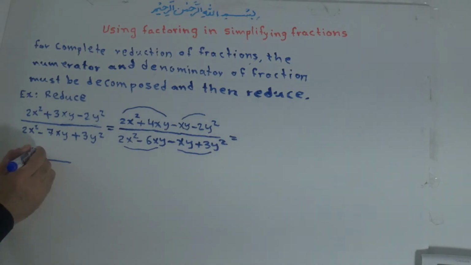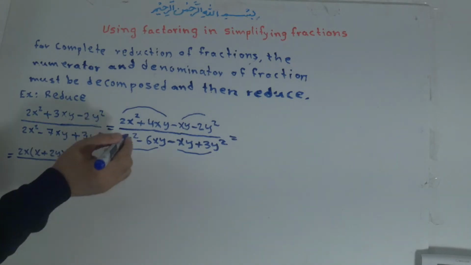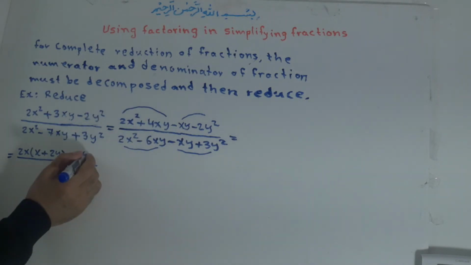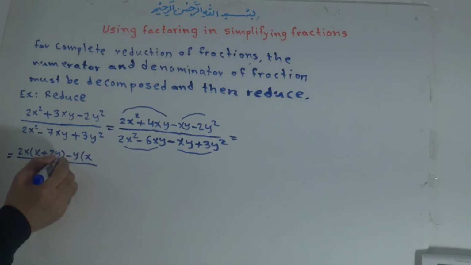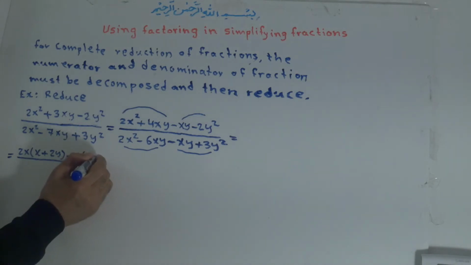Now remaining is x plus 4 divided by 2 becomes 2y. And here the common is minus y. Now what remains here? Minus times minus becomes plus x, and minus times minus becomes plus 2y.